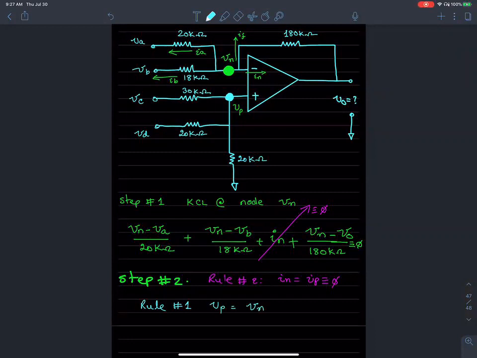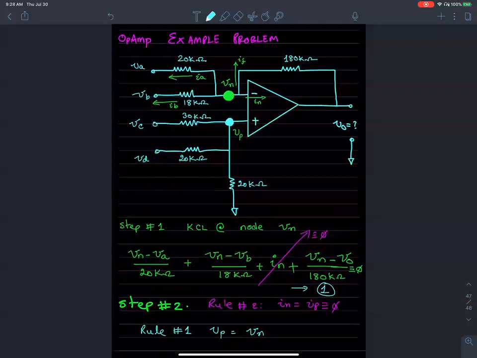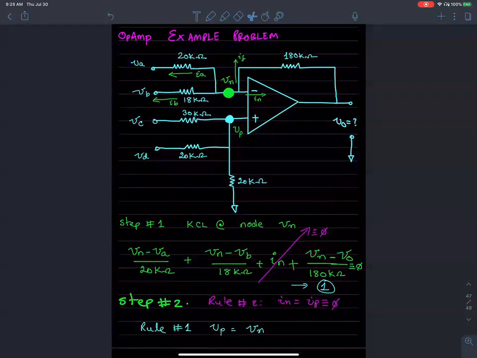So if I know the value for Vp, I should be able to plug that into the equation here. Let me call this equation number one. If I know the value of Vp, I should be able to calculate the value of Vp and Vn. Let me copy this onto the next page.